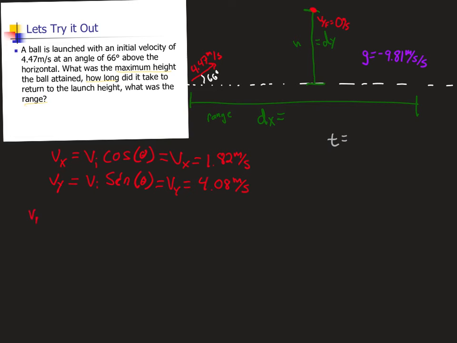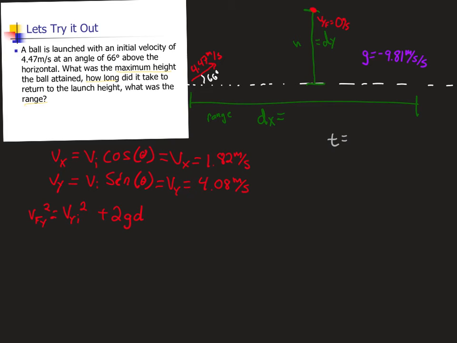is v sub f, and especially in the y, squared is equal to v sub iy. Either way, it doesn't matter too much. Plus 2 times gravity times the change in distance.